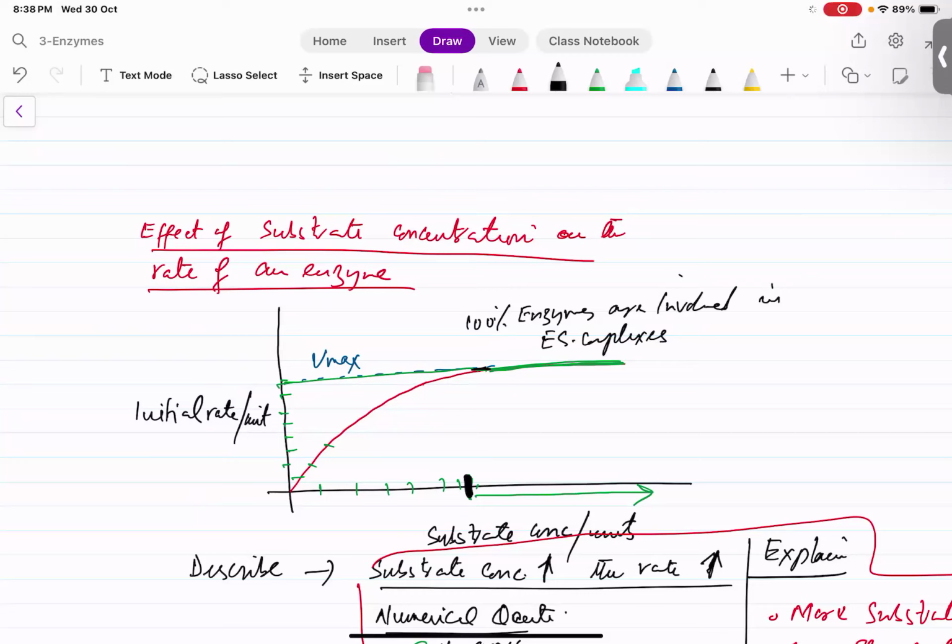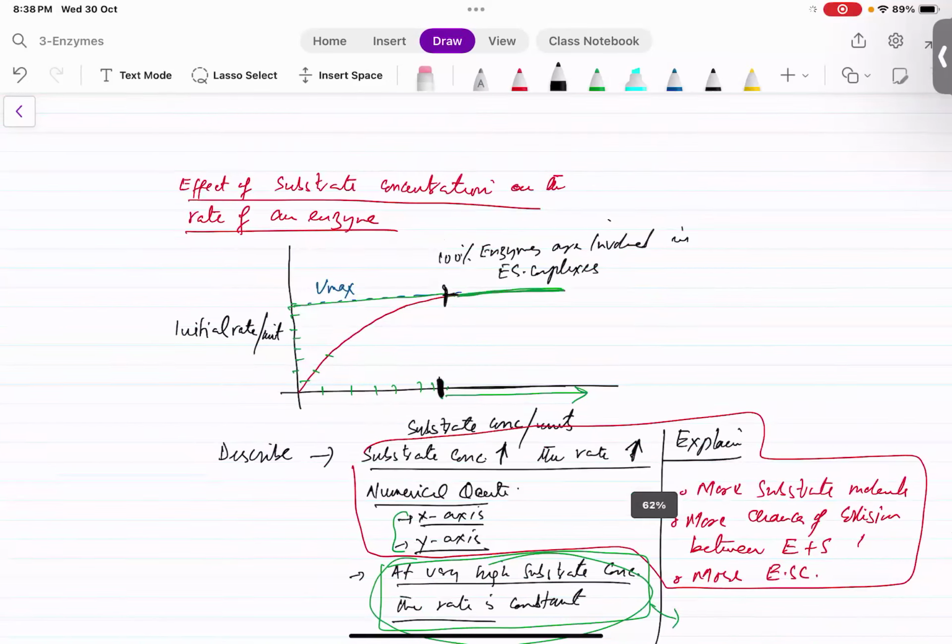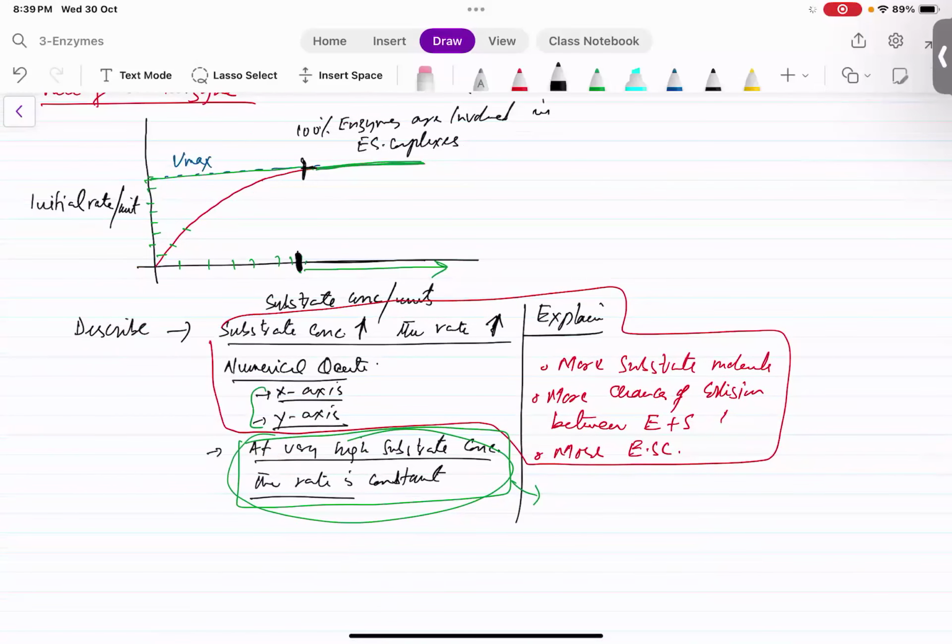So at this substrate concentration and onward, 100% of enzymes are saturated with the substrate molecules, all active sites are occupied by substrate molecules.